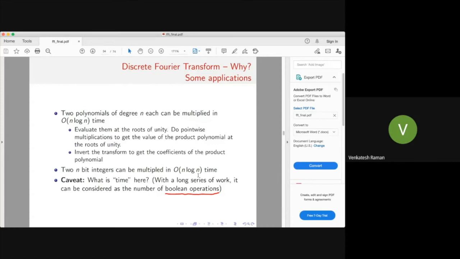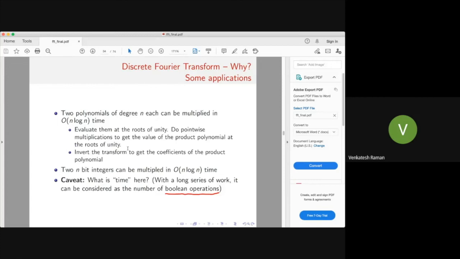Now, there's one little caveat here. What is time here? If I am comparing with my n square high school algorithm, I have to be careful, because there I am counting the number of single-digit multiplications, whereas in all this FFT computation, you're multiplying pairs of complex numbers.